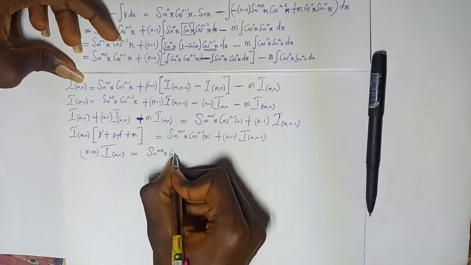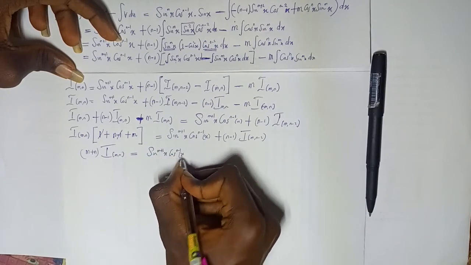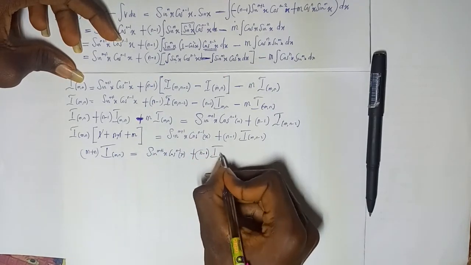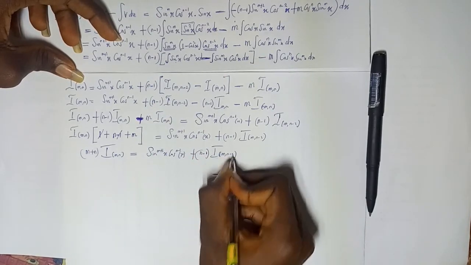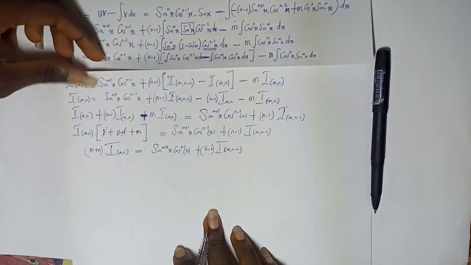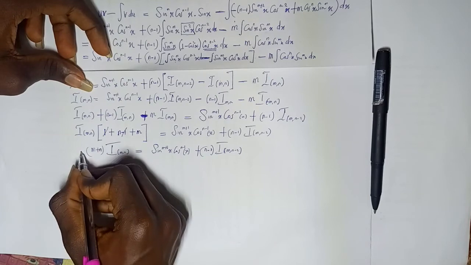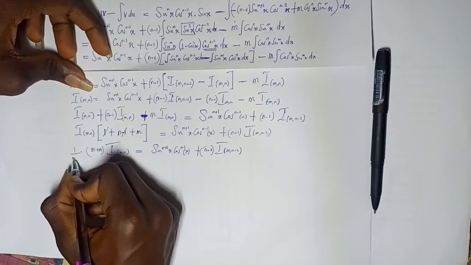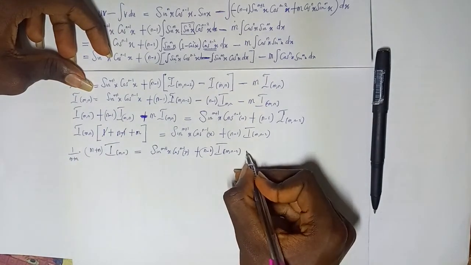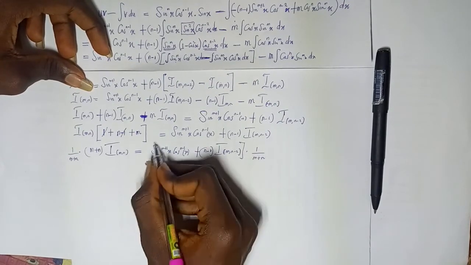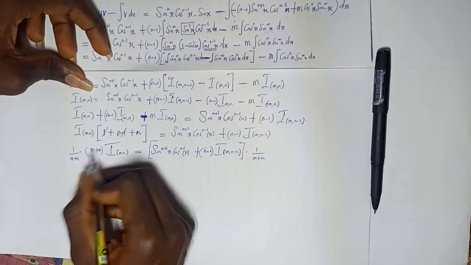Hence, we end up having, okay. So in this case, to eliminate m plus n here, all you need to do is multiply both sides by its reciprocal, its inverse. So I'm multiplying both sides by 1 over m plus n.